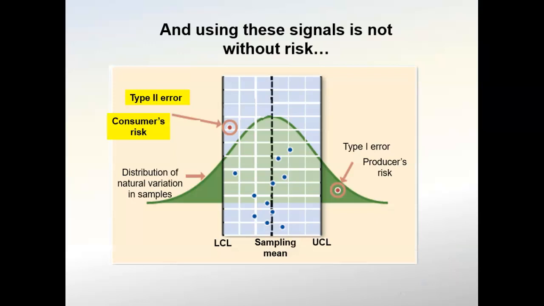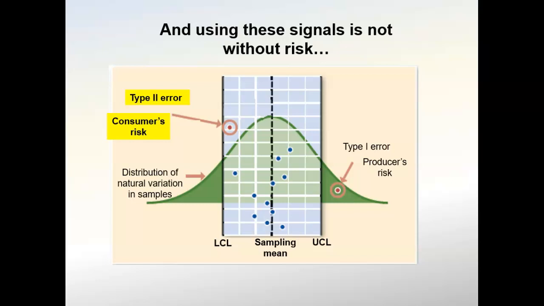Now, widening the span of the control limits decreases the risk of a type 1 error, but will increase another risk known as a type 2 error. A possibility exists that assignable variation might corrupt the process, but the particular sample taken during that time nonetheless falls inside the control limits, sending a false signal of control.